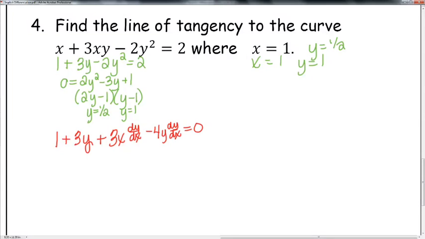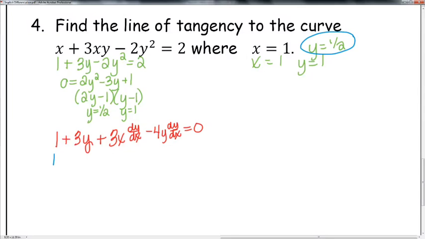And so I'm going to go ahead and plug in my two coordinates. I'll have one in yellow and the other one in blue so you can find your two m's. I'm going to plug in the blue one, where y is equal to a half, and find that m.